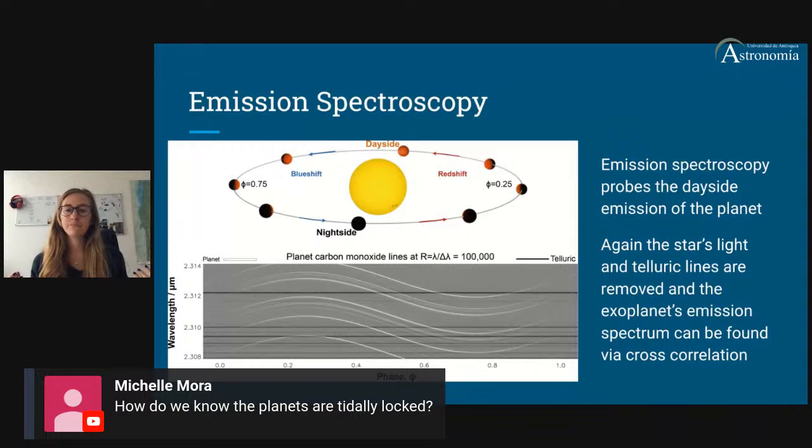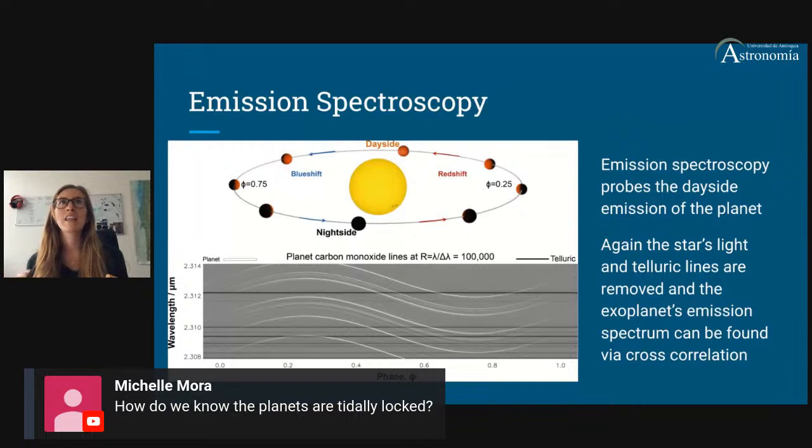Hot Jupiters, because they're so close to their star, have a really short time scale for tidal locking. And so almost every hot Jupiter that you're going to see is tidally locked. You can calculate the time scale for tidal locking for each of these planets, but as a rule of thumb, any hot Jupiter that you see is going to be tidally locked.